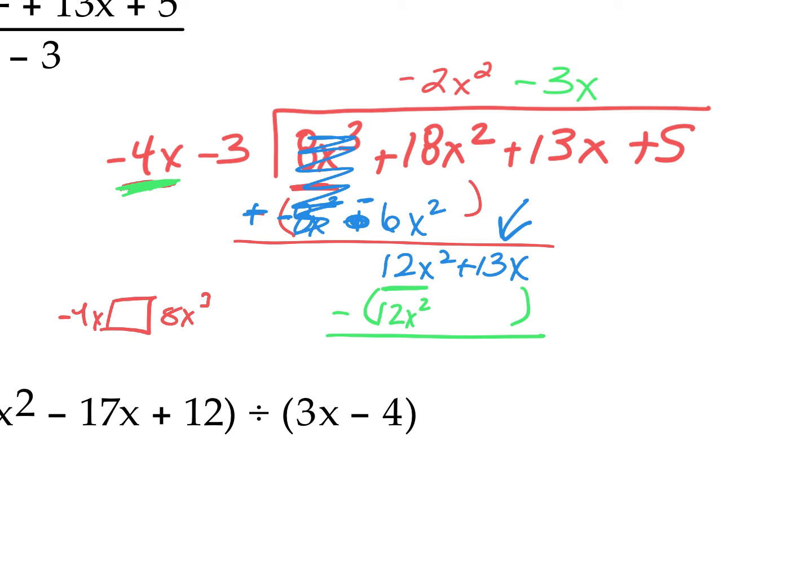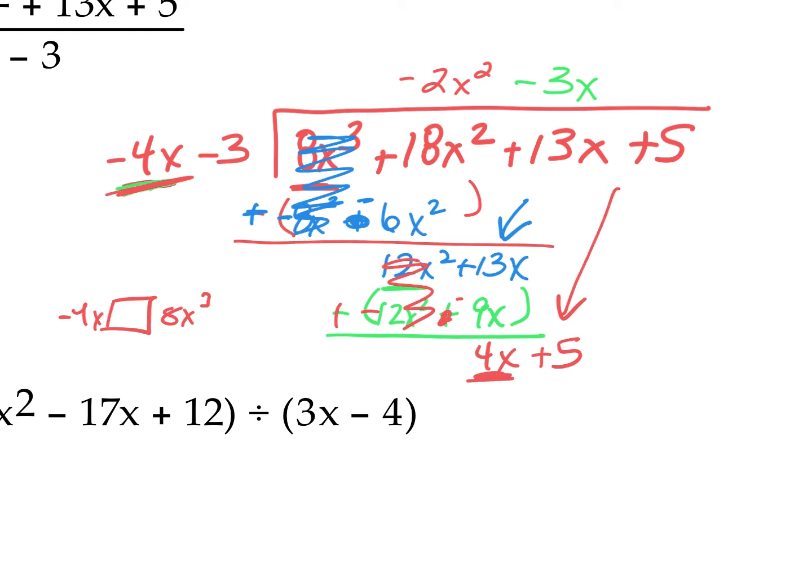Negative 3x times negative 3 is plus 9x. And before I can subtract, what do I have to do? Distribute. What's negative 13 and a positive 9? 4x. My 12x's cancel out. 5 comes down. First term into first term.